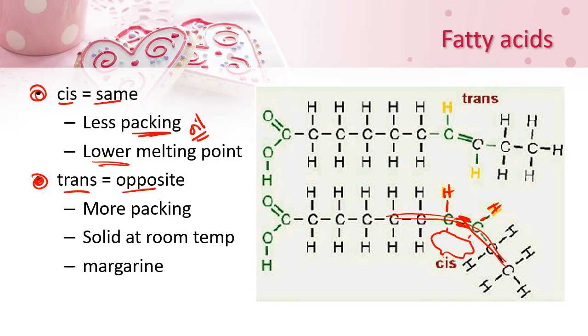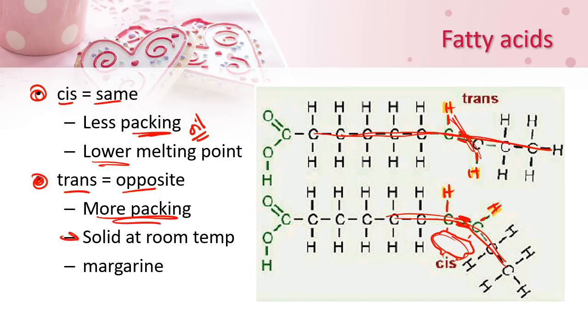These oils are better for us. Our trans unsaturated fatty acids, there's still that double bond. We're still missing some hydrogens, but we put those hydrogens on opposite sides of the double bond, which means that they kind of balance each other out, and there's not that big gap that allows for a big bend in the molecule. So this is more straight-ish, which means that these guys can pack together more.